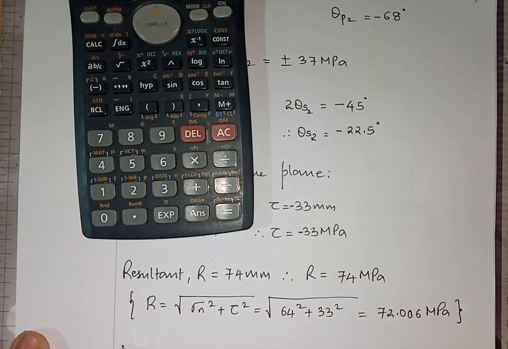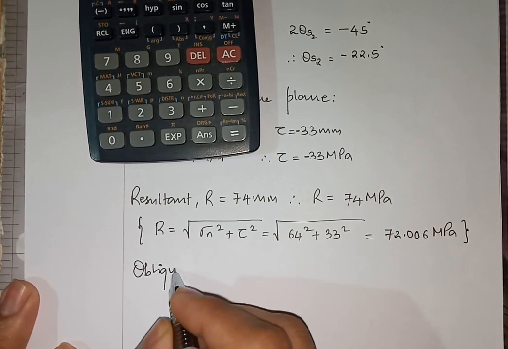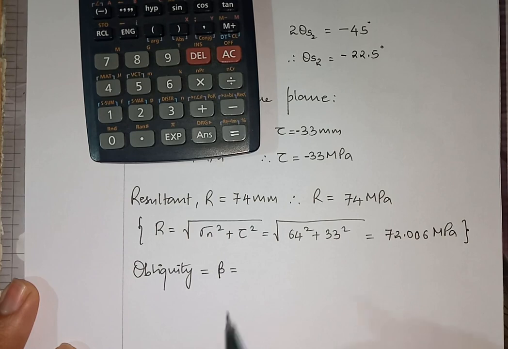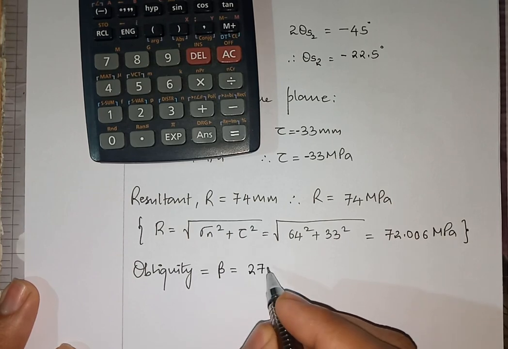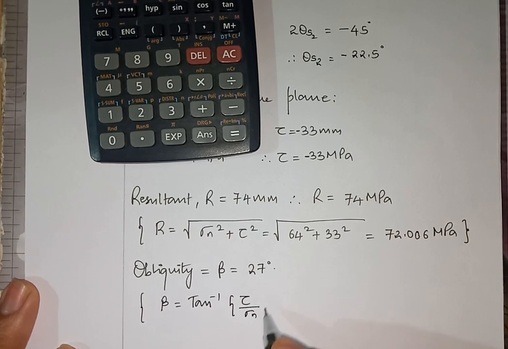Similarly, the obliquity, also called the angle of obliquity, is given by beta. Beta is 27 degrees according to my measurement. The same obliquity beta by the analytical method uses the formula tan inverse of tau divided by sigma n.